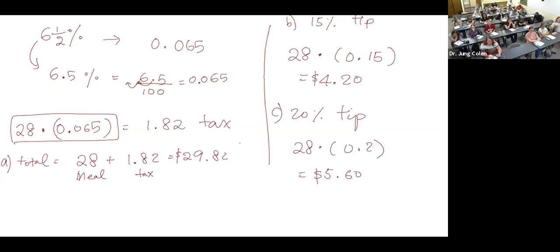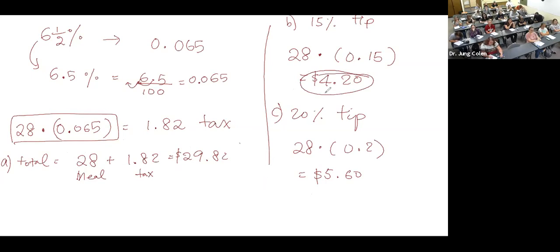So a question like this is asking you to find not only the tax, but also the total cost. You always need to remember, I'm not paying only the tax, but I need to pay for my meal too, so you need to add them together. Same for the tip. You are paying the 15% tip of $4.20, but that's not all you are paying.